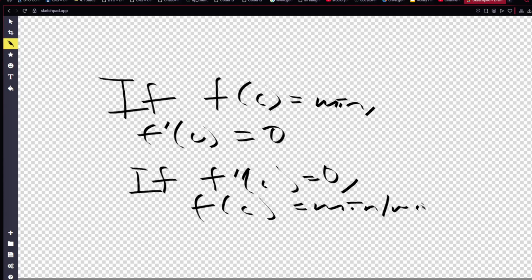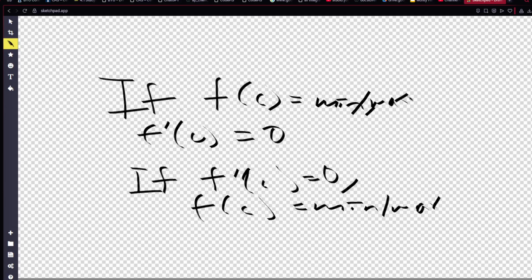I should have probably put extrema, but that's fine. In typical introduction to logic classes, you know that this is considered fallacious, that this is not always the case. But in math, it does turn out that a derivative equal to 0 typically corresponds to an extremum. So not all the time, there are some rare exceptions.